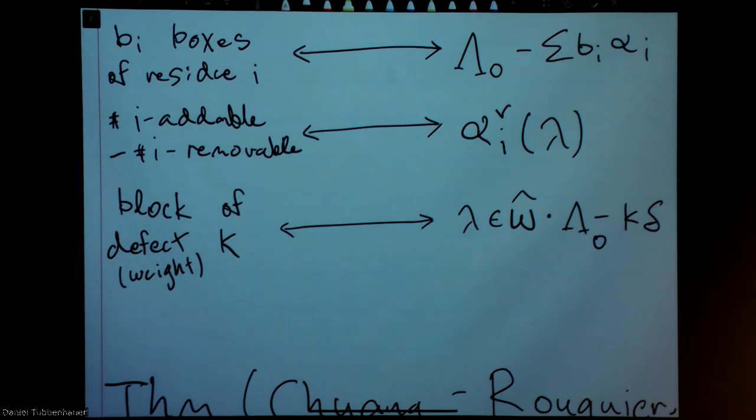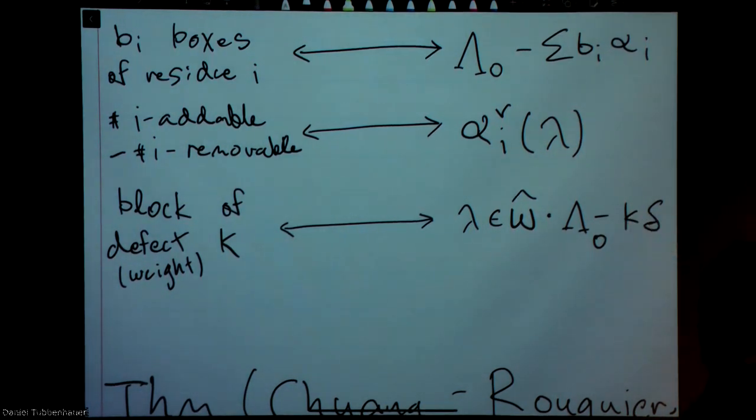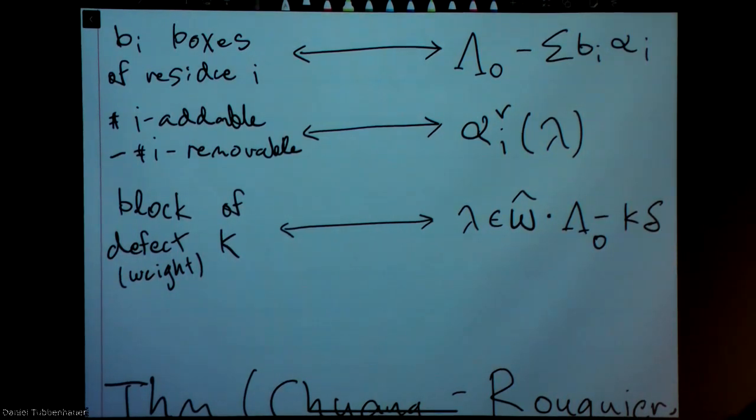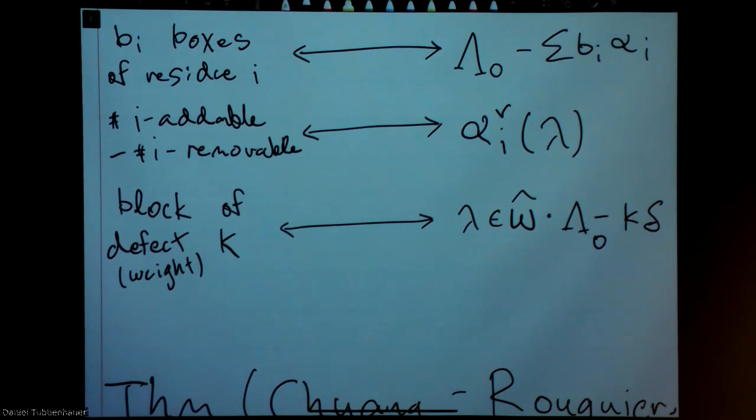And that corresponds to which orbit of the affine Weyl group you're in. And I'll just note here, this delta is the imaginary root. It's invariant under every reflection in the affine Weyl group, so it doesn't actually matter whether I subtract k delta before or after.